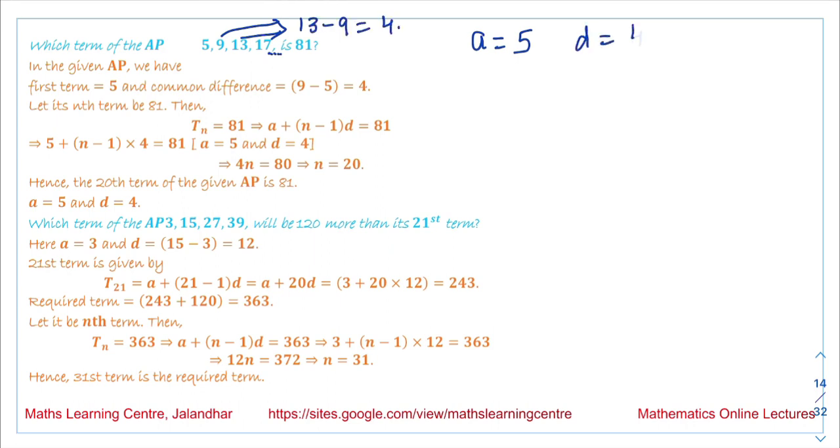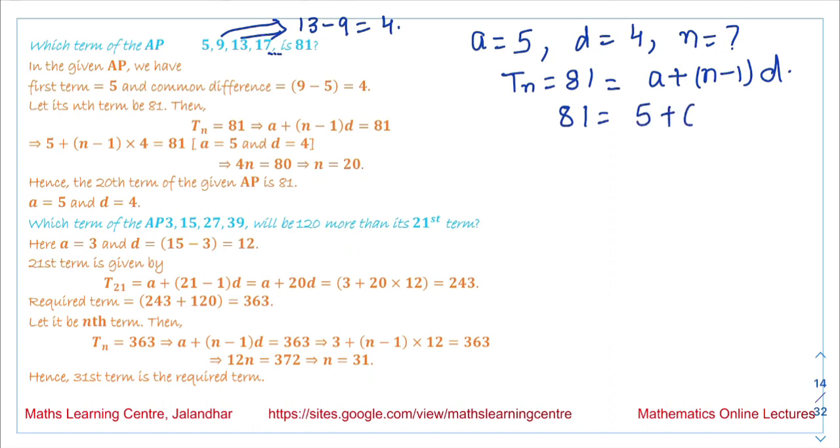So the value of d we have is 4. Then we have to calculate the n for which Tn is equal to 81. So this is equal to a plus (n minus 1)d. So 81 is equal to 5 plus (n minus 1), and the value of d is 4.